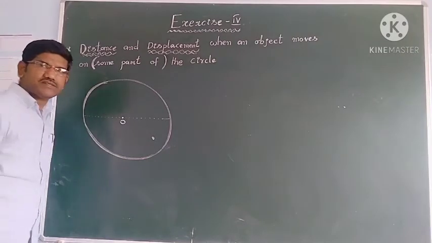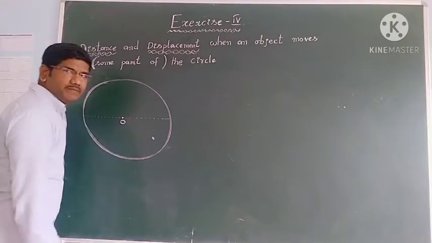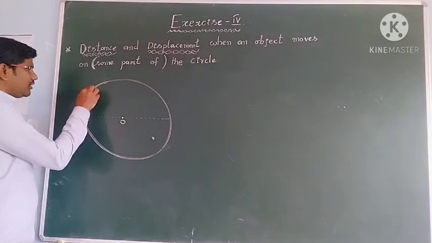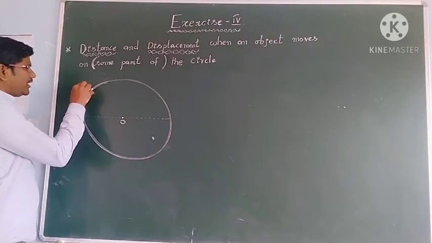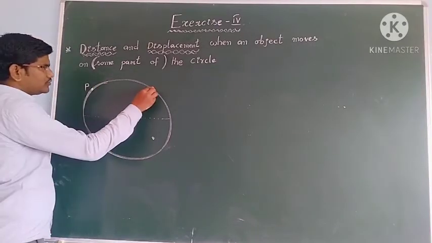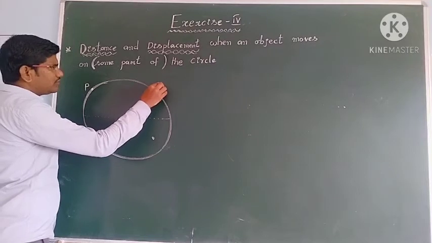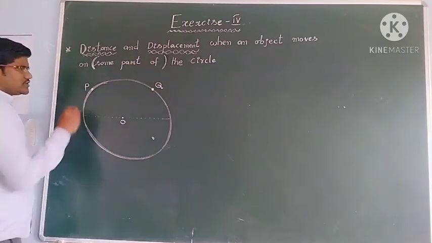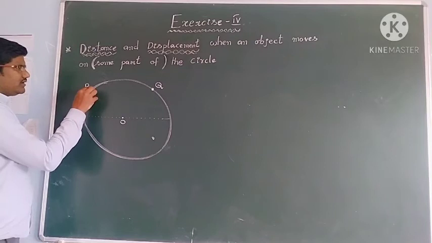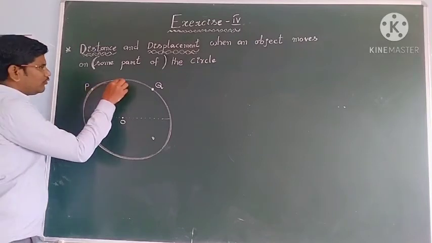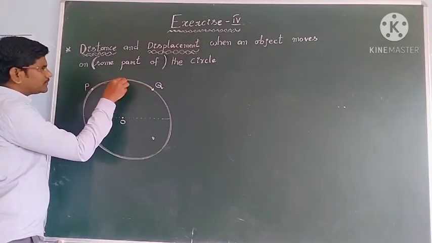Now the particle has gone from point P to point Q. So a particle on this circle has moved from P to Q.